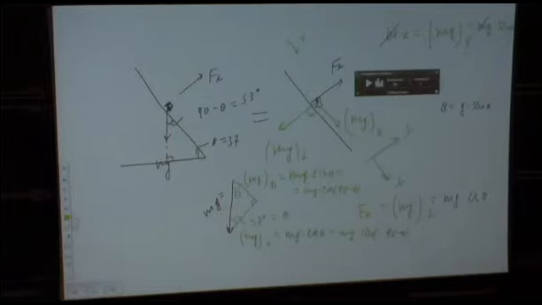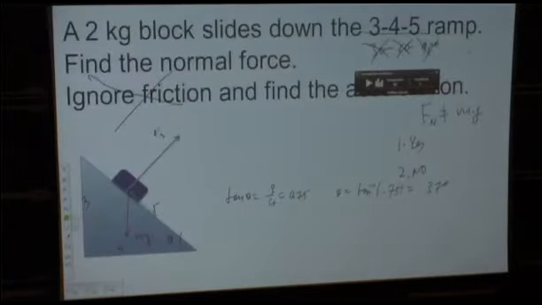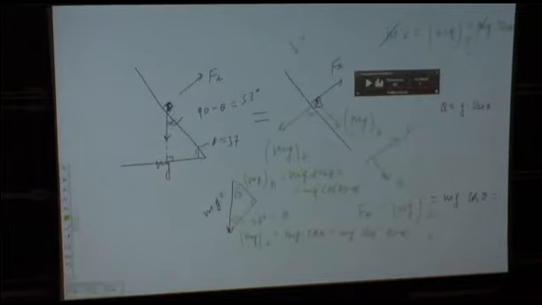We know the mass of this block is 2 kilograms. G equals about 10. Cosine of 37 degrees. That's our normal force. Any questions?